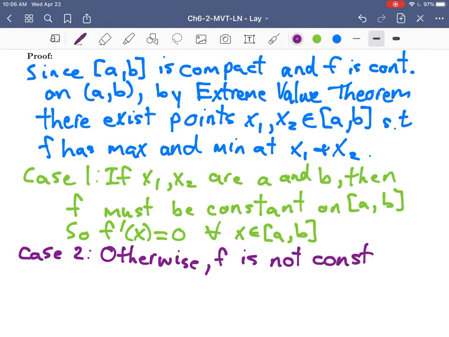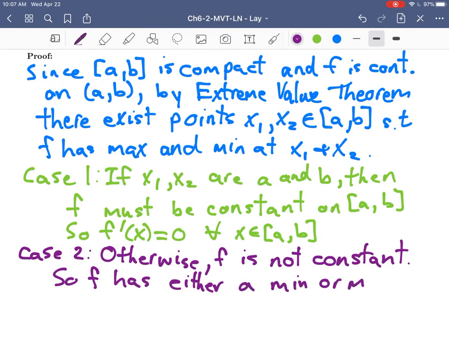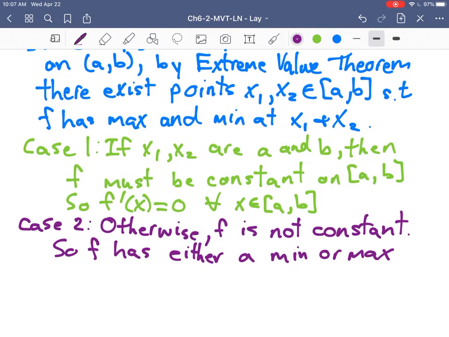So f is not constant. So f has either a min or a max at a point c in the open interval from a to b.